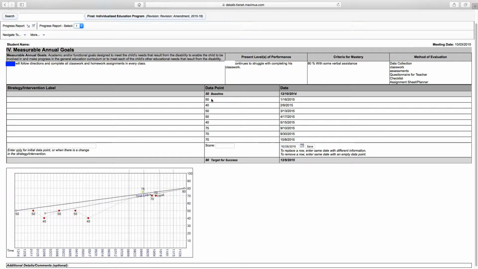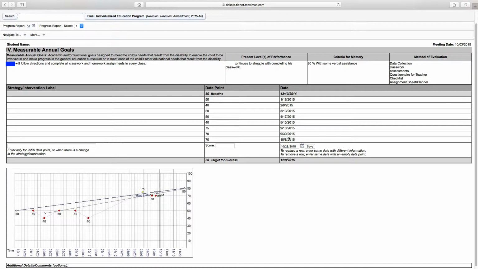She gives a baseline. The baseline is 50 points on this particular day. But so far this school year, the child has jumped to 75 points on September the 10th. I guess it's a 70 point collection rate, because if the standard is to complete all classwork and homework assignments in every class, I'm assuming that the child is doing it at a 70% proficiency rate, with proficiency being defined as basically completing it and turning it in.